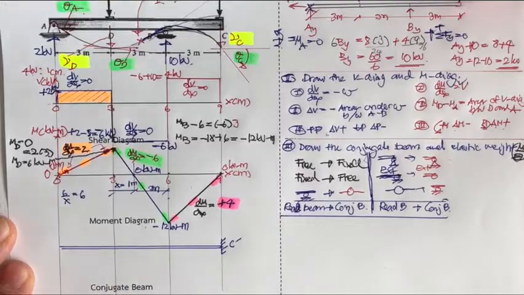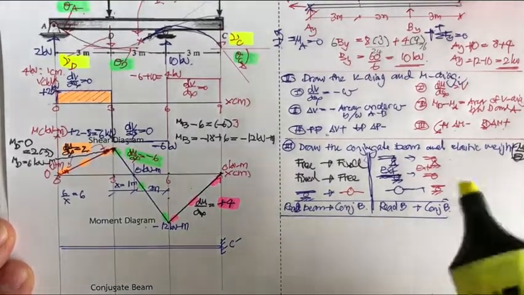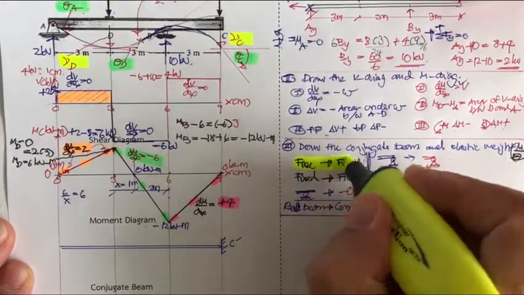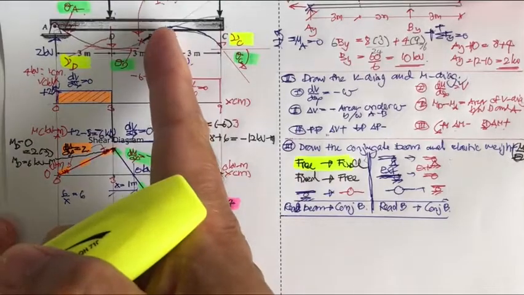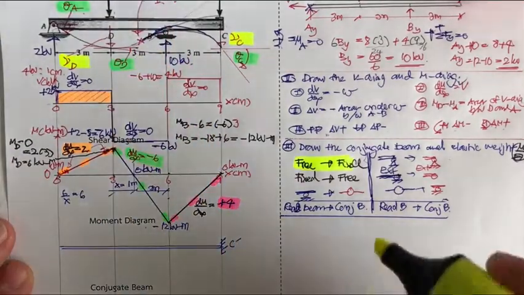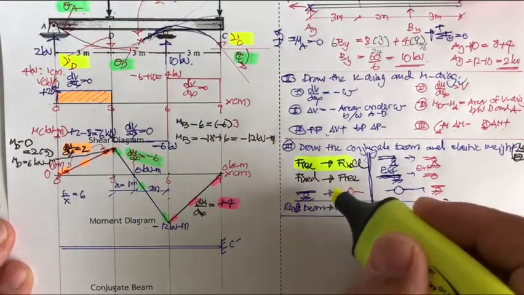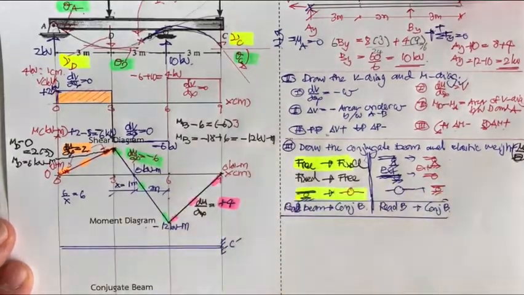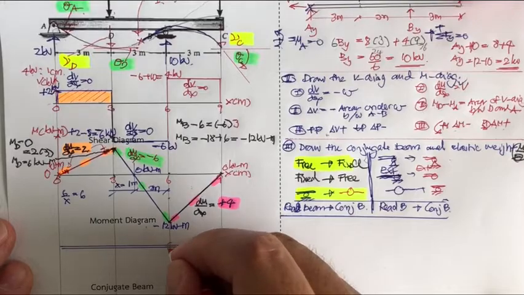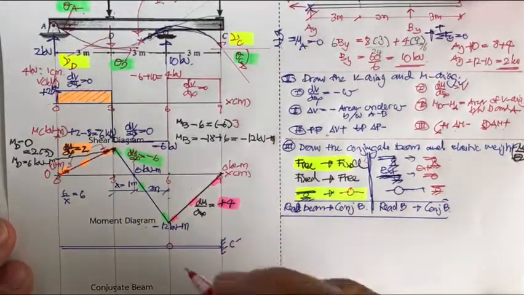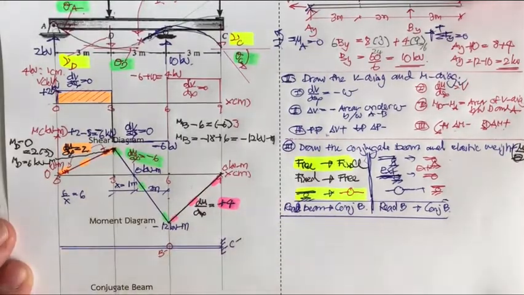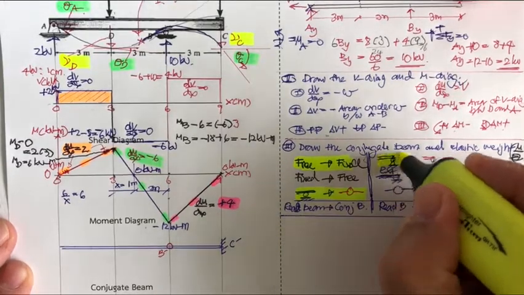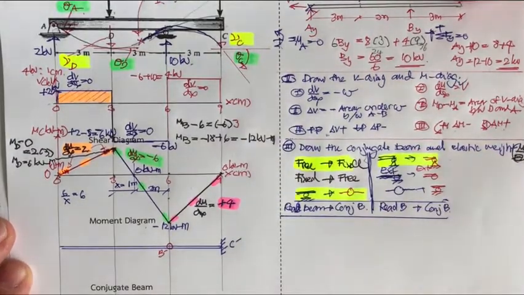The first one is fixed to free, free to fixed. The second one, we have an internal support, right? And then we have to change it to a hinge. So we change this. This one is going to be B prime. And the last one, we have an external pin, and this one is going to stay as the external pin.